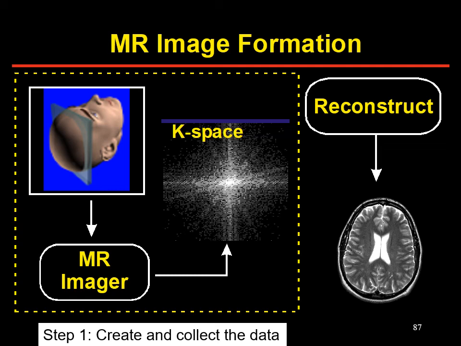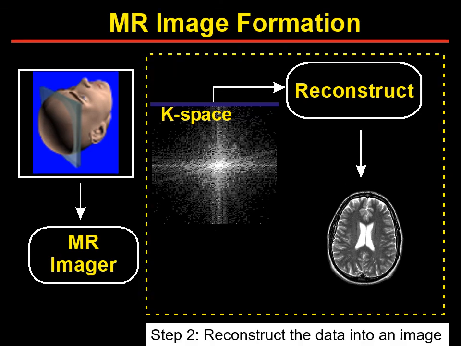In the final 5 minutes of this talk, I'm going to show how that data in k-space is reconstructed and an image formed. In this final segment, I will show you how the data is taken from k-space, remembering that these dots in k-space represent spatial frequencies across the whole image, how that data is reconstructed, and how the image is formed.